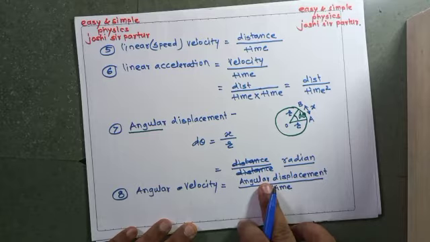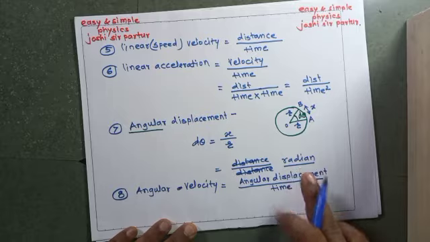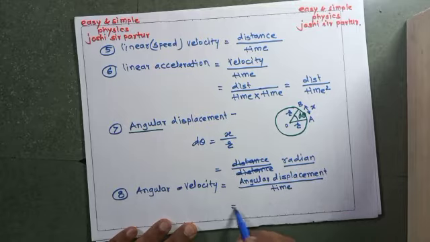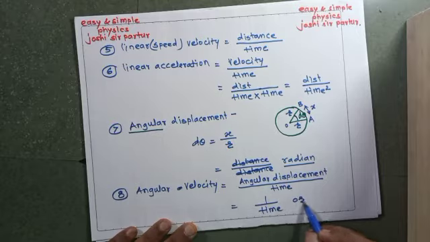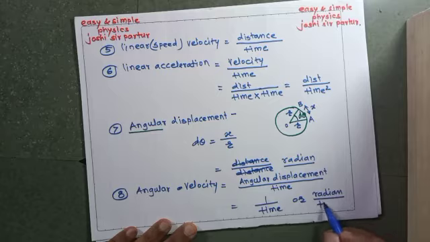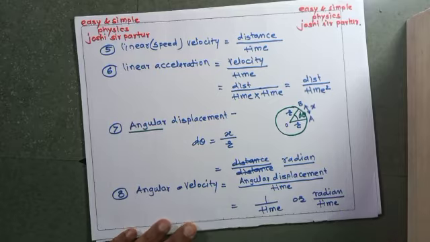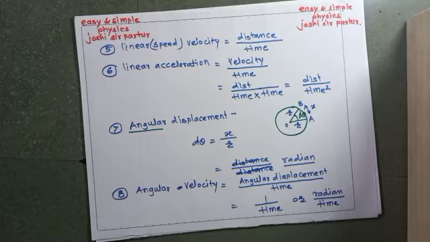Angular displacement is measured in radian, or it is a pure number. So we can write it as 1 upon time, or radian upon time. That will be the formula for angular velocity.